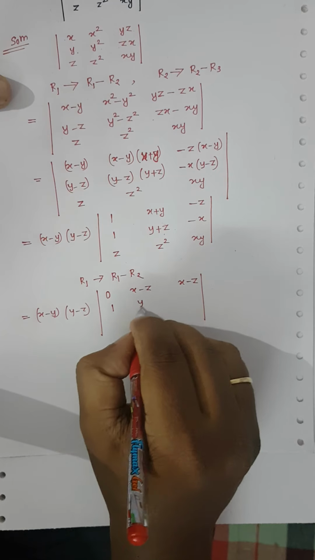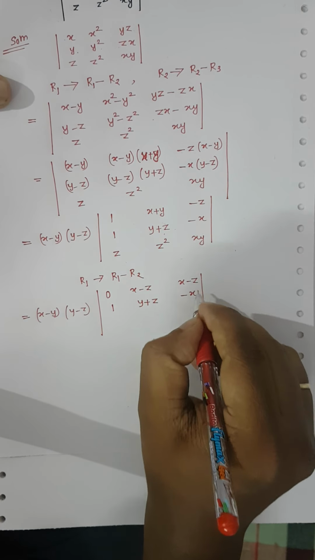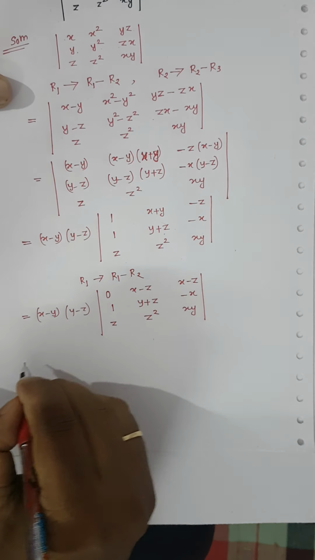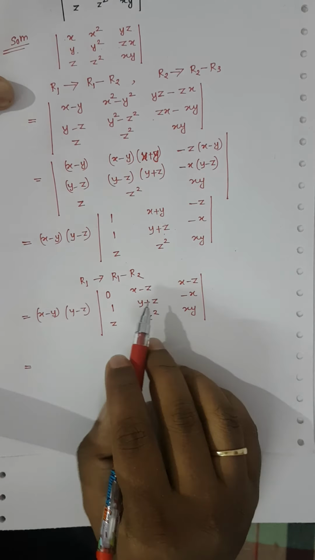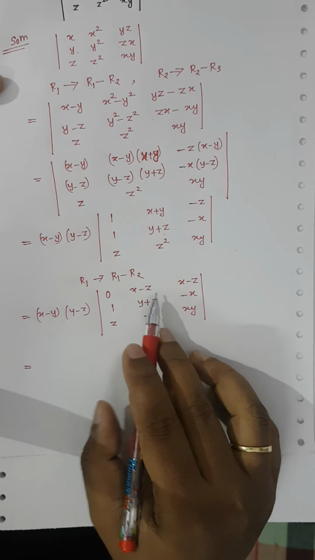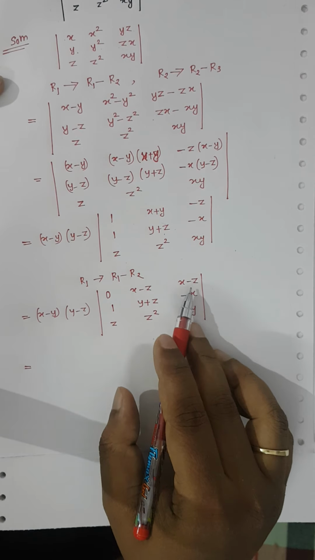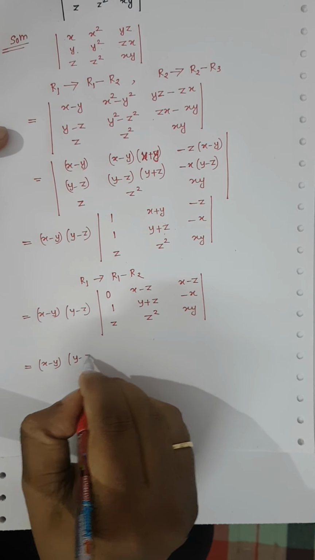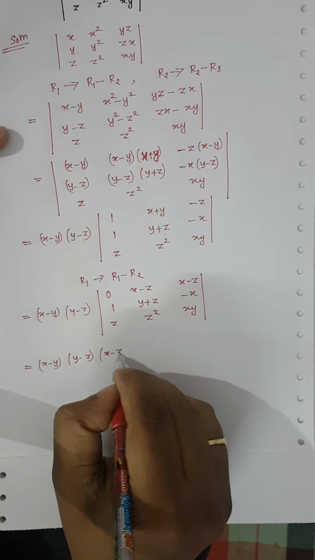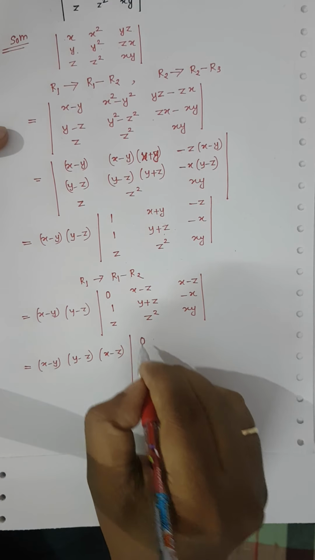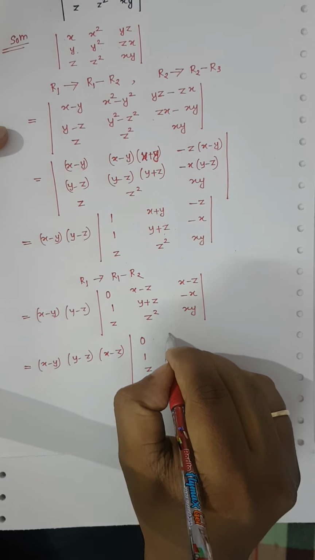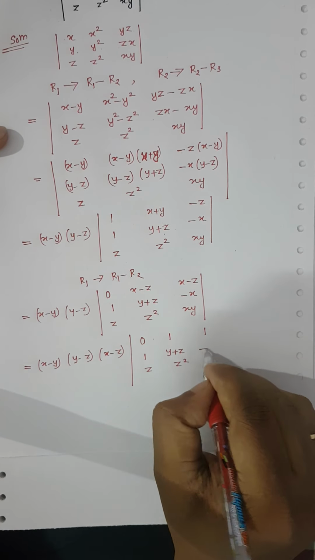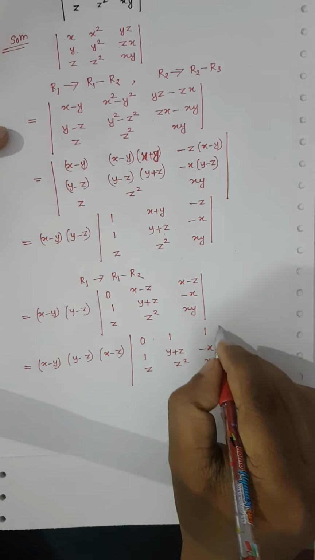Row 2 is 1, y plus z, minus x, and row 3 is z square, xy. If I take common x minus z from row 1, I will have x minus y into y minus z into x minus z, times the determinant with row 1: 0, 1, 1; row 2: 1, y plus z, minus x; row 3: z square, xy.